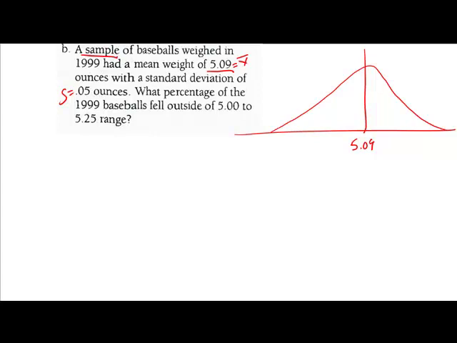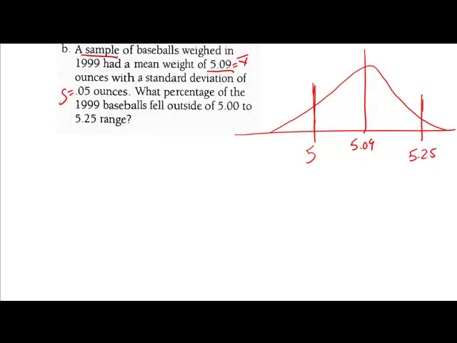We're not going to use sigma and mu anymore. We're going to use x bar and s. What percentage of the 1999 baseballs fell outside of the 5 to 5.25 range? Well, I'm going to let you hit pause and figure this one out, and then when you come back, I will give you the answers.